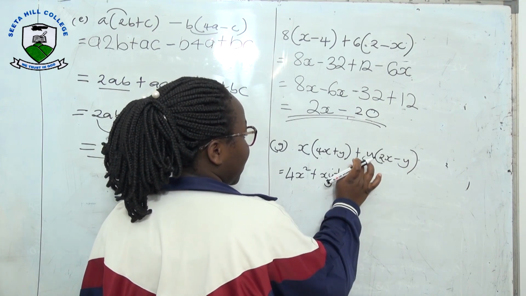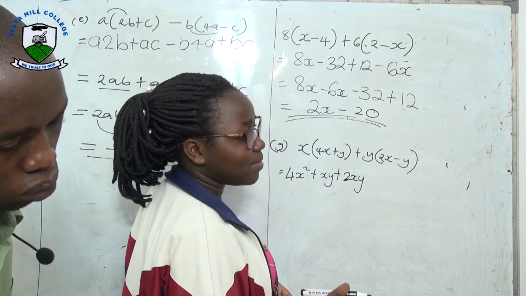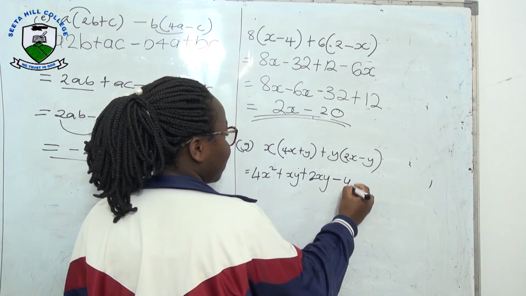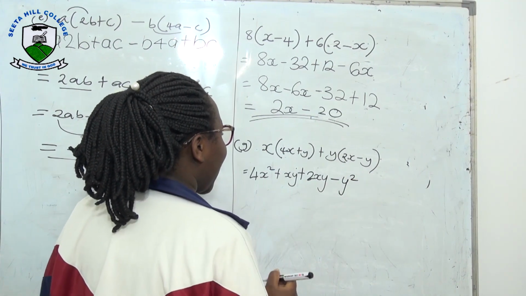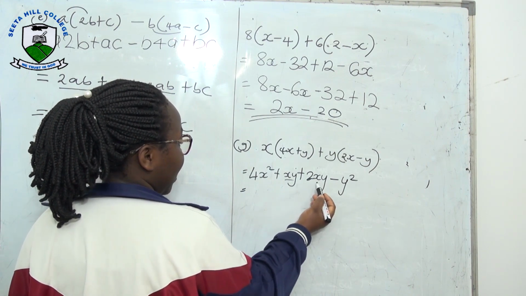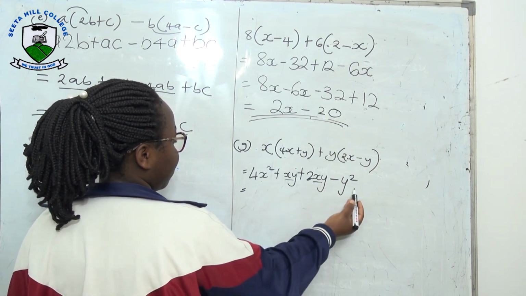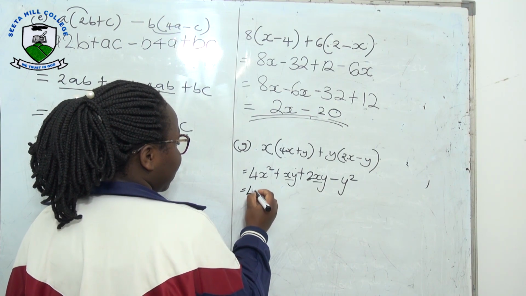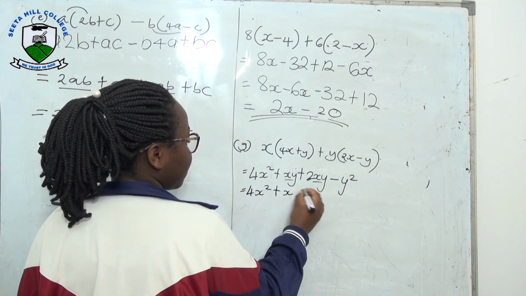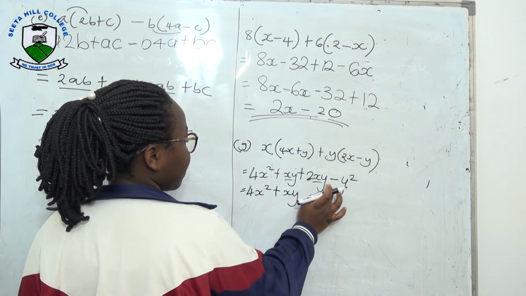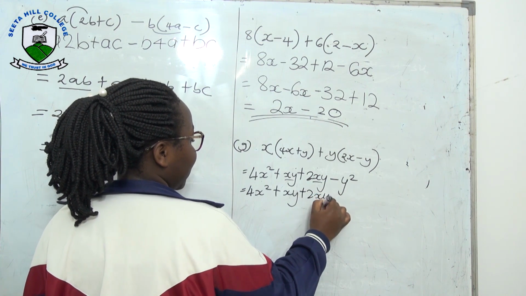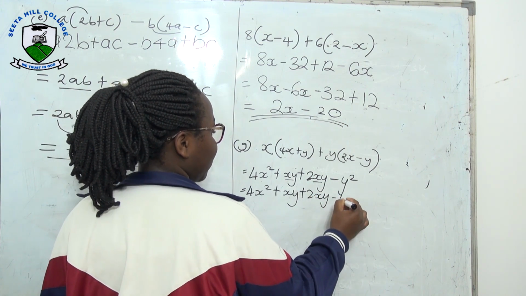So we shall have 2xy. A positive times a negative is a negative, so y times y squared. Because these two are like terms and these ones are far different from each other, we shall have 4x squared plus xy plus 2xy minus y squared.